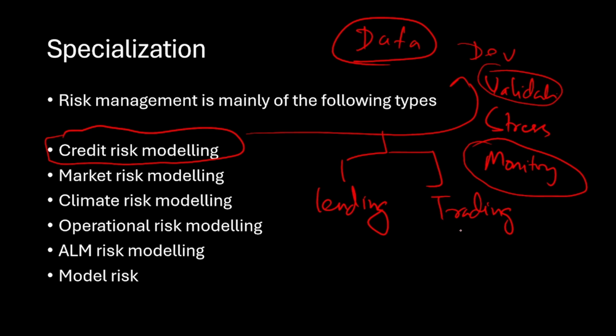On the trading side, you have market risk modeling. That means when you trade financial assets in the financial market, it could be equity, commodity, derivatives, currencies, anything, there is always a risk of losing the value of the asset. Because of that you could be incurring losses in the traded portfolio, and that is modeled through market risk modeling.